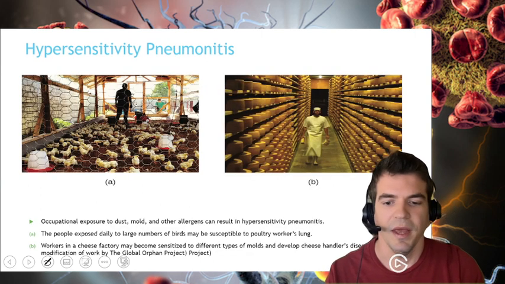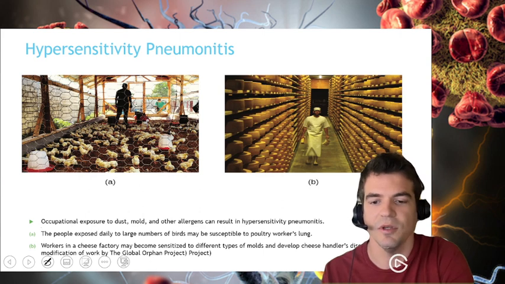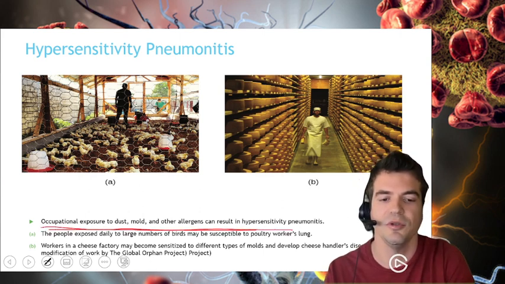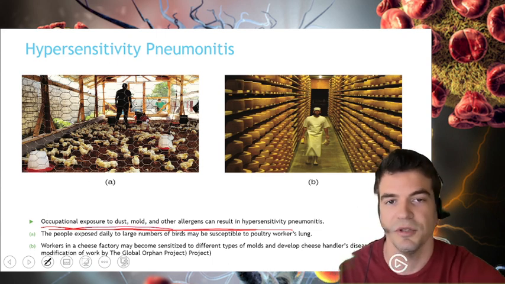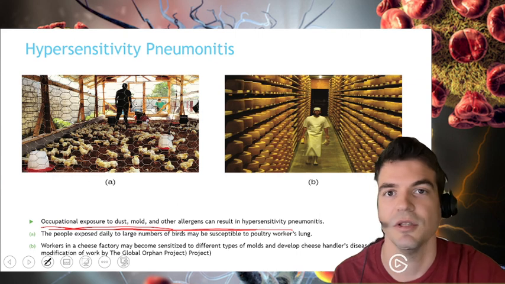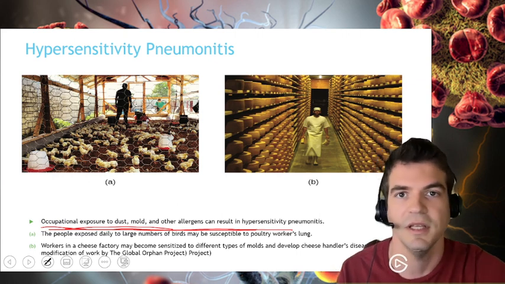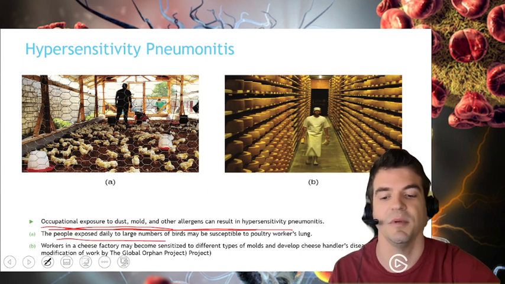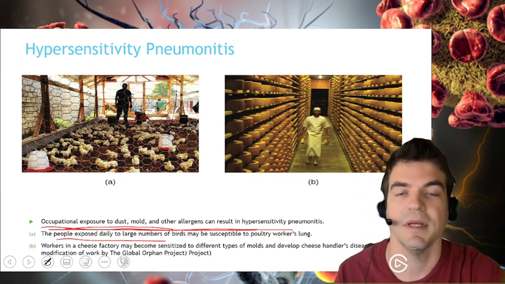And of course, you might have heard that if you get occupationally exposed to dust, mold, allergens, mice, cheese, chickens, all the good stuff, you're constantly encountering them, you will develop a hypersensitivity response or an allergy to it.